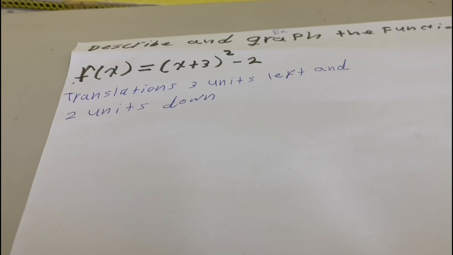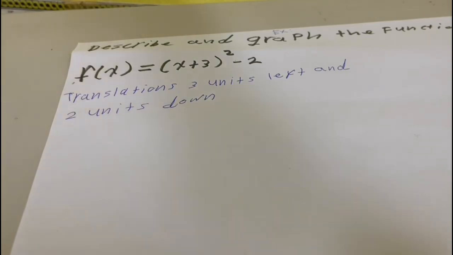But if h is positive, the translation is left, and always h is the opposite. For example, this positive 3 is negative 3. When we calculate this, you'll see it. But here we are just graphing. So the answer is translations 3 units left and 2 units down.